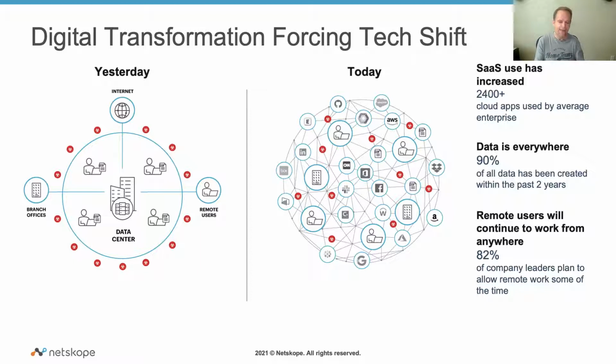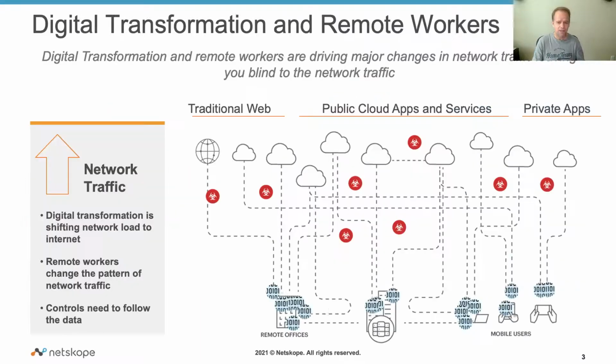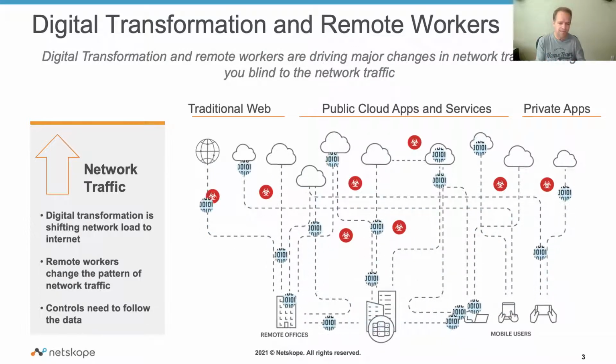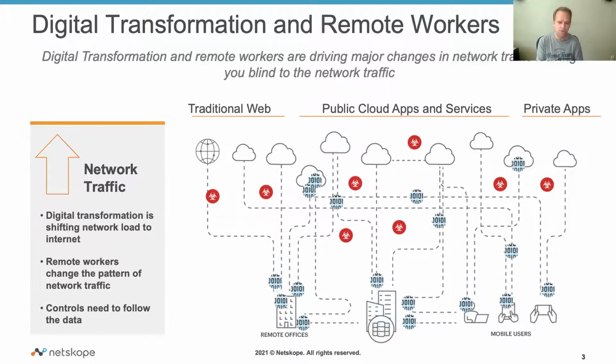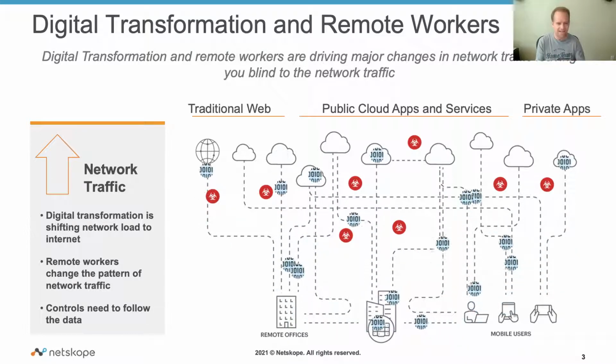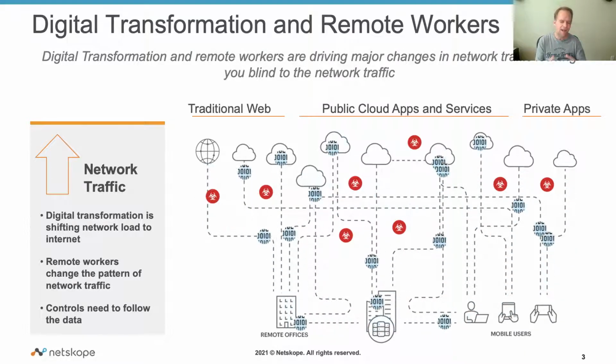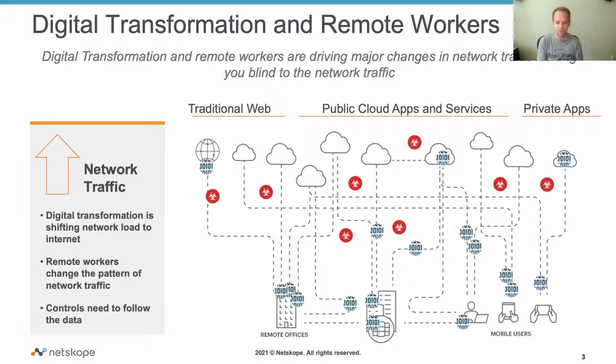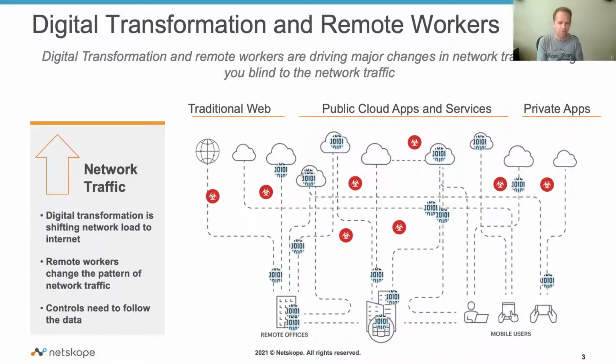When you combine that with the advent of the work from anywhere user, and in my case, I started out in Starbucks, I was at the beach, and ultimately back into my home office here in Northern California. This presents a big challenge and renders legacy security controls ineffective when it comes to protecting data, defending against threats, and providing the fast and secure access that employees demand as they access the resources that they're after.